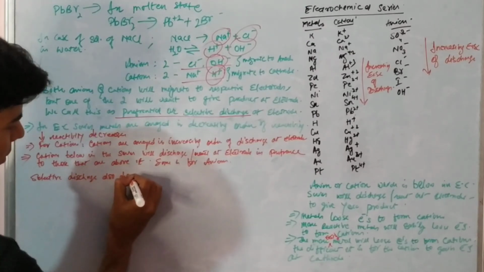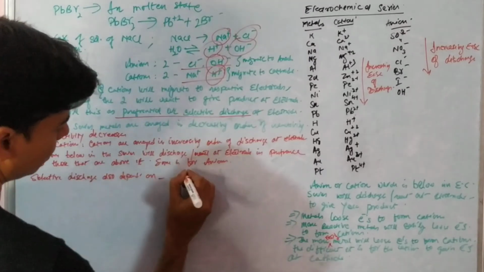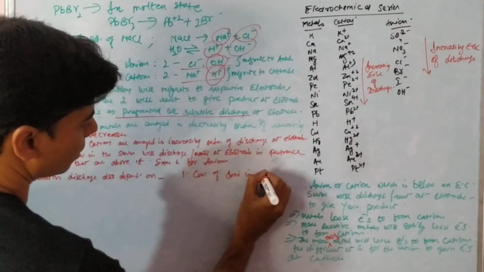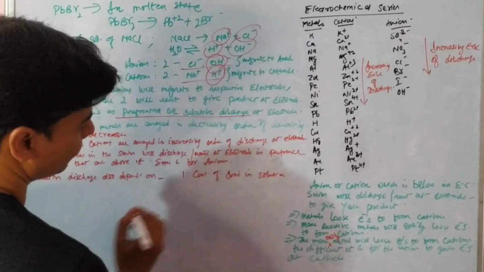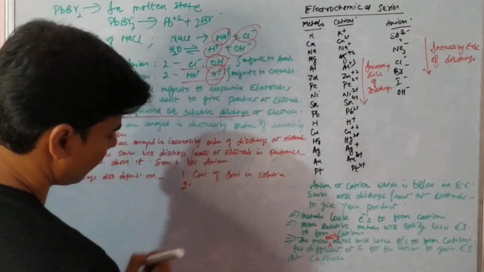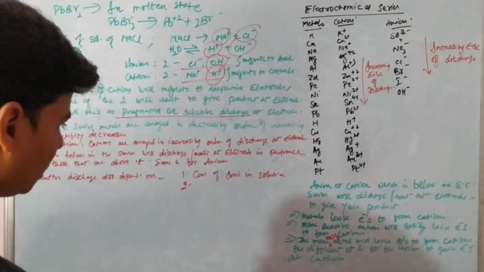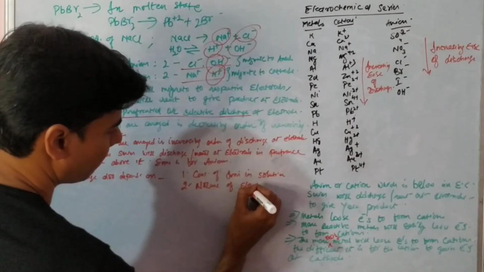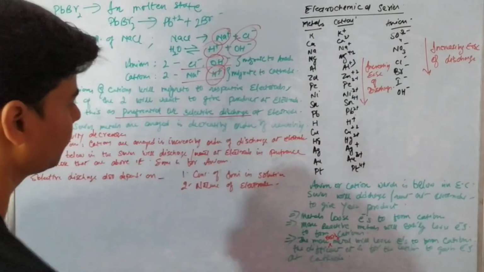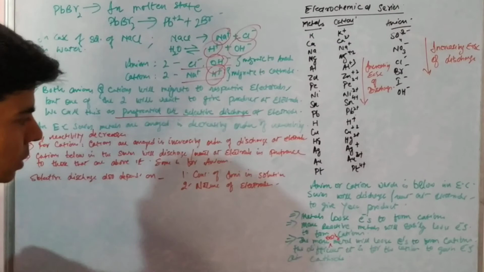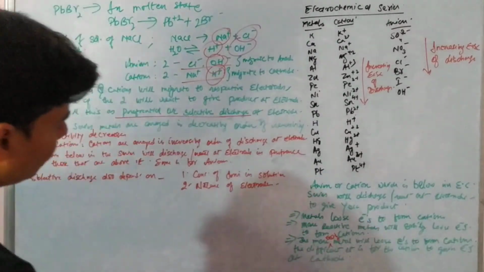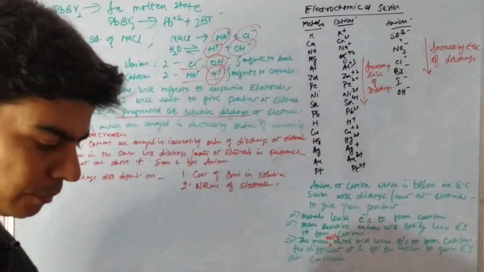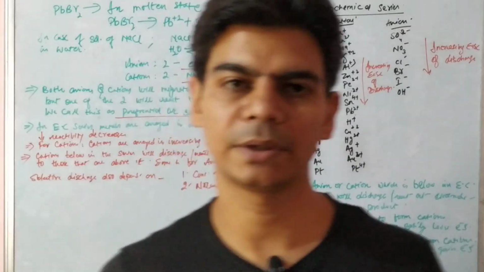So selective discharge also depends on the concentration of ions in solution, and the second is the nature of electrodes. If we talk about the first point, concentration of ions, the ions which are in maximum concentration would get preferentially discharged.